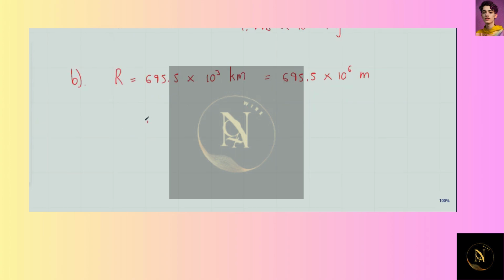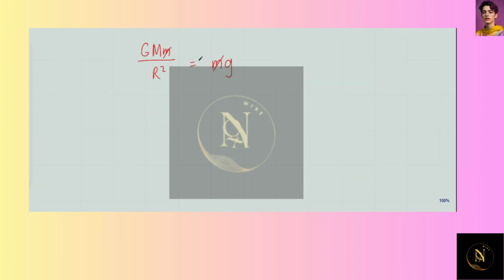And we have that G M m over r squared, the radius of the Sun squared, is equal to m times g. So the mass of the object on the surface of the Sun experiencing the gravitational acceleration cancels out, and we get that the gravitational acceleration on the Sun's surface, little g, is equal to G M over r squared.